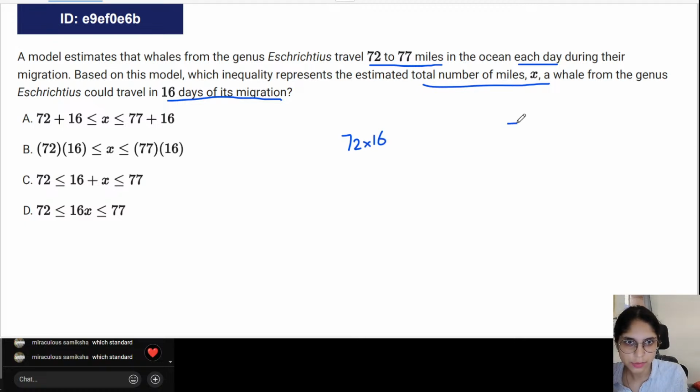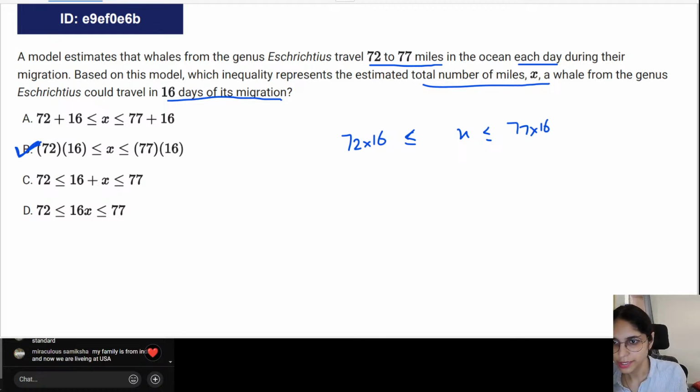So for 16 days, it will be 77 times 16 and 72 times 16. So B is our answer. Because in one day, it is 72 to 77. For 16 days, you have to multiply with 16 on both sides. Option B. Next is question number 40.